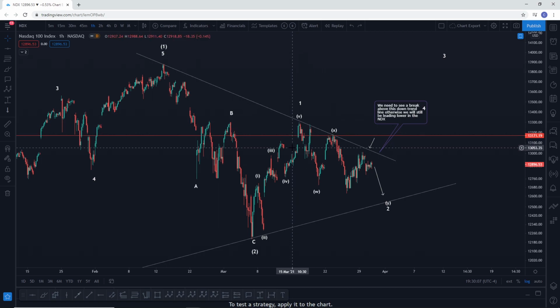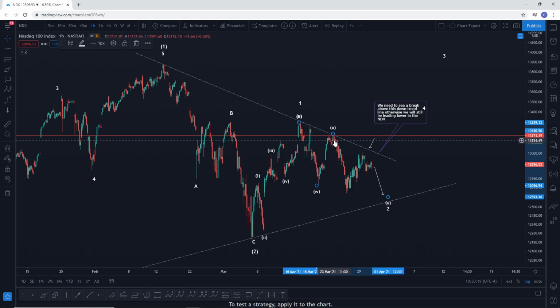Complex corrections are made up of three substructure waves. So we have down in A, up in B, down in C. We then move up in A, B, and C to form wave X, which came into resistance. We sold off in A, we're now up in B. Again, we rejected the zone, and now we're going to try to push lower.